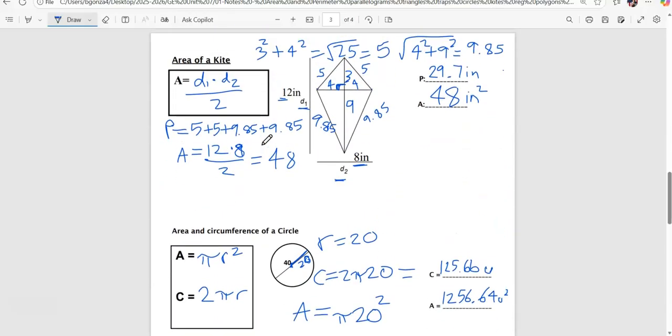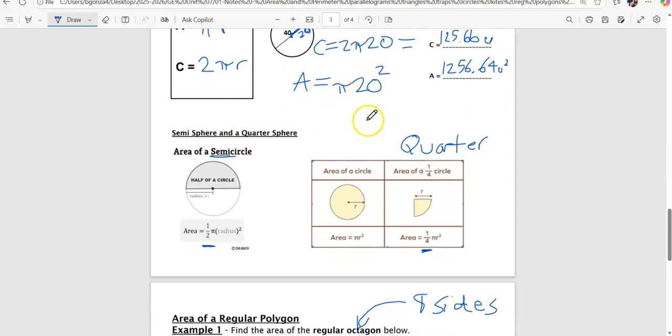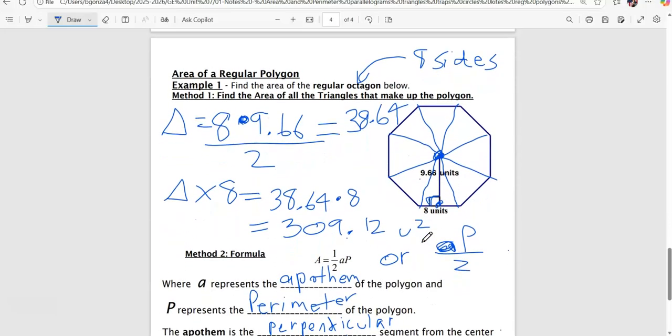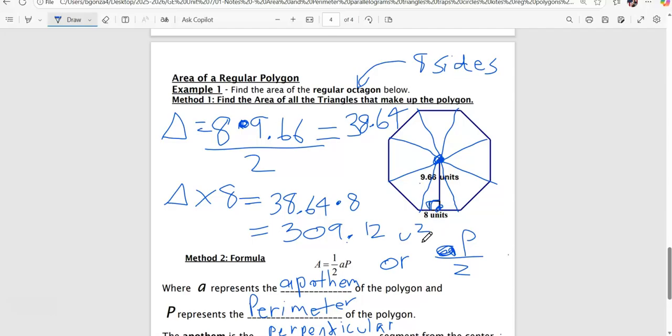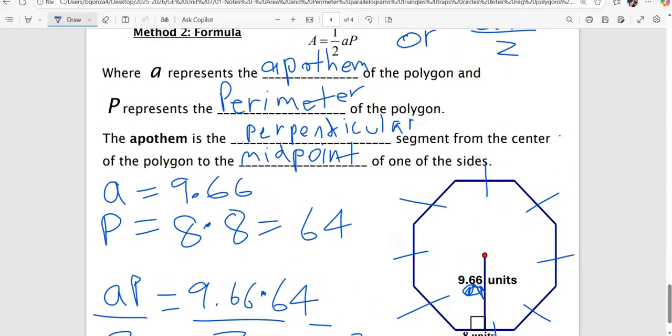And then we just went over area of a kite, area and circumference of a circle with the application of semi and quarter. And then the 2 ways to find the area of a regular polygon, multiple triangles, or the way I want you to do it, with the formula, the apothem.